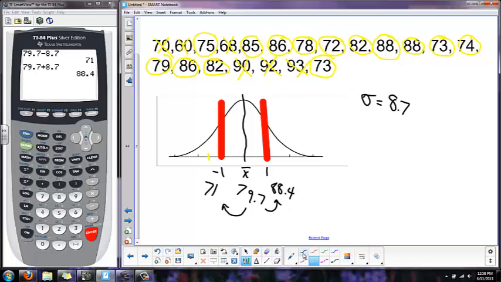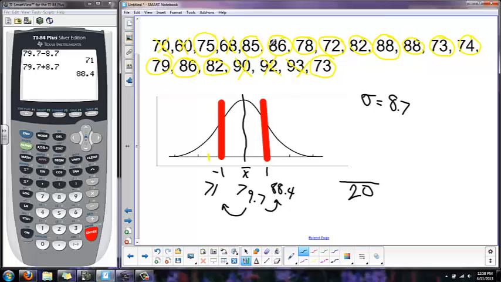So we have a total of 1, 2, 3, 4, 5, 6, 7, 8, 9, 10, 11, 12, 13, 14, 15, 16, 17, 18, 19, 20. We have a total of 20 students. And then it's looking for the percent of the kids who are within that range.